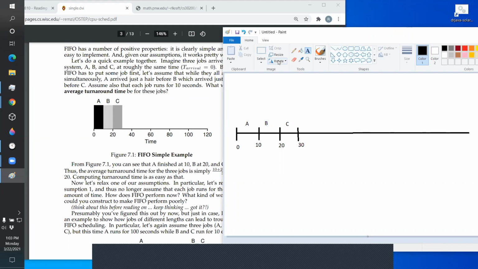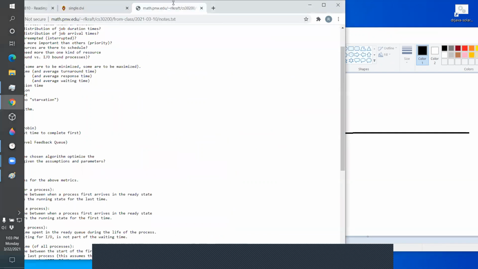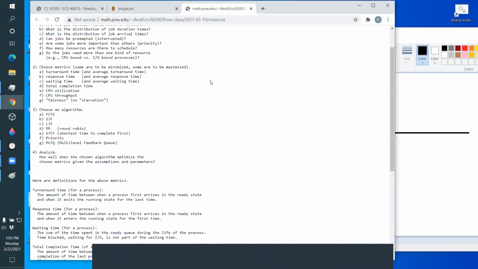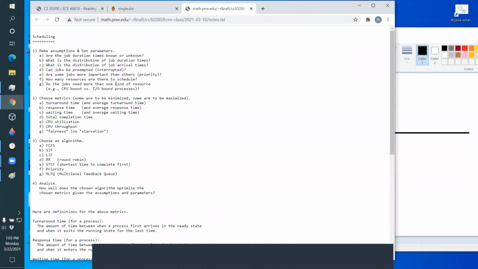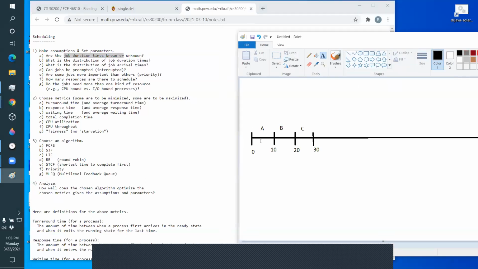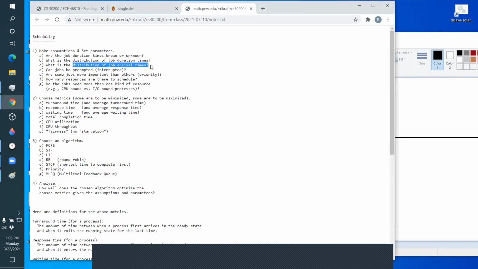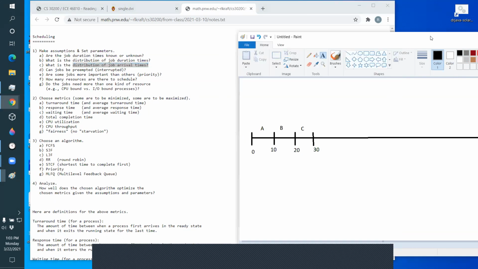Now, what we have here are assumptions. We are assuming that we know the job duration times. We have a 10-second job A, a 10-second job B, and a 10-second job C. The arrival time assumption is that all the jobs arrive at the same time.